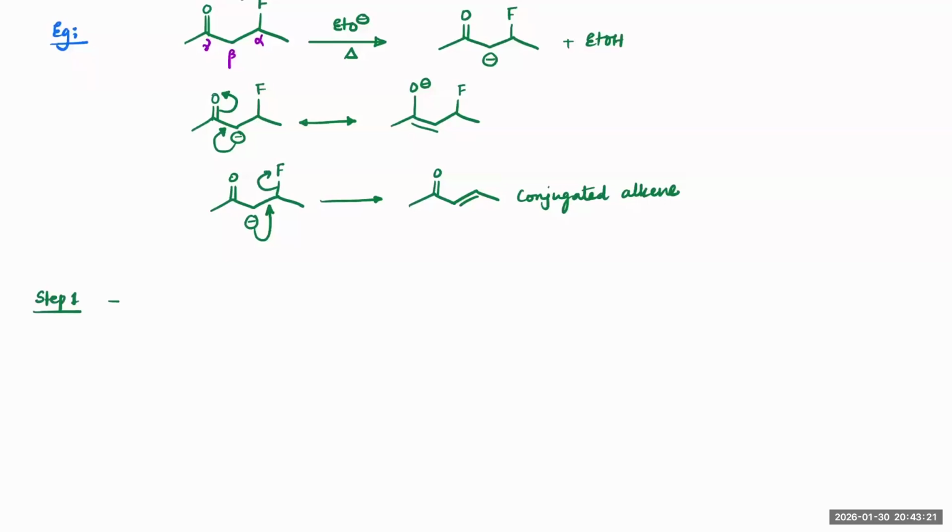First we will have a carbon with a halogen here and hydrogen here, and of course there must be a carbon which will have some stabilizing group like C double bond O. When you treat this with a base, the base will extract the proton from this beta position, making the H leave and giving a carbanion here. The base takes H plus from here and the electrons push here.